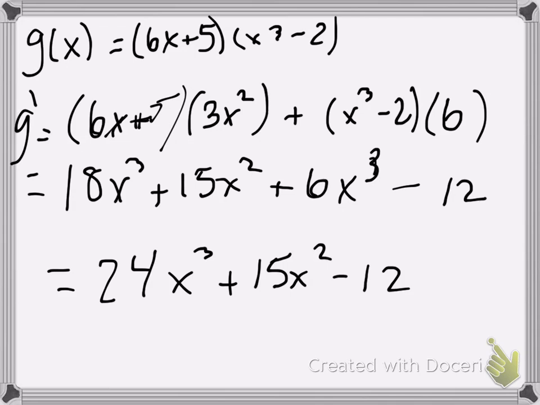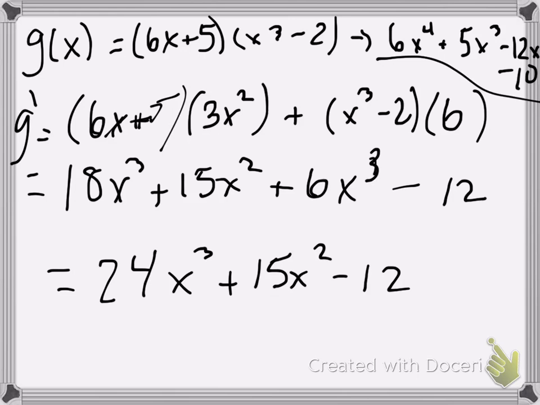Now, by the way, if you FOILed g of x to begin with, you would get 6x to the fourth plus 5x cubed minus 12x minus 10. And if you use the power rule for this, don't you get the same thing? 24x cubed plus 15x squared minus 12. So that's a way you can check if you're doing the product rule correctly.